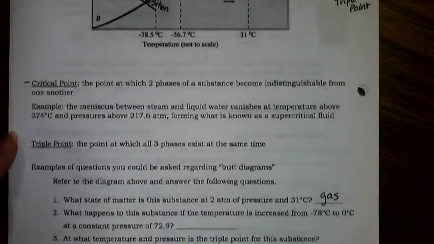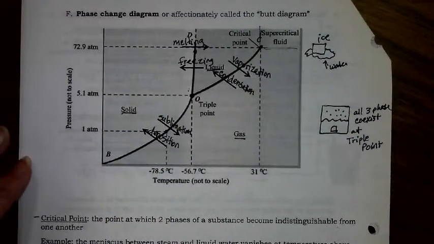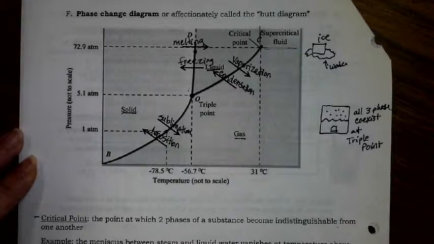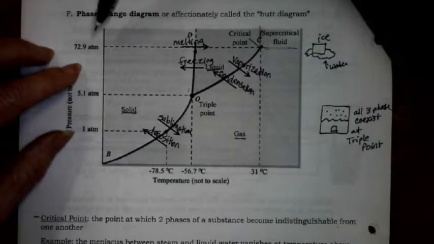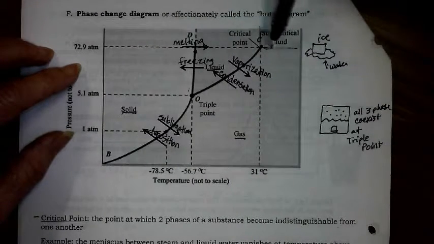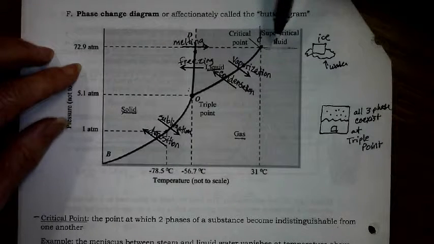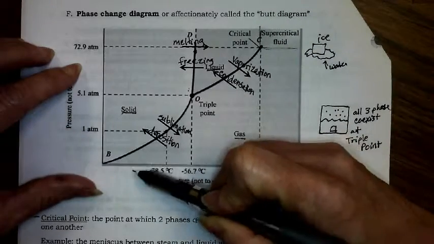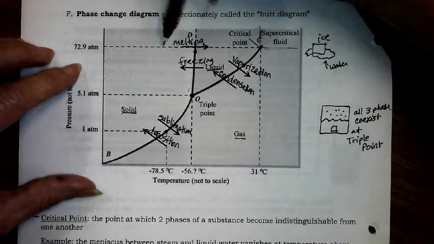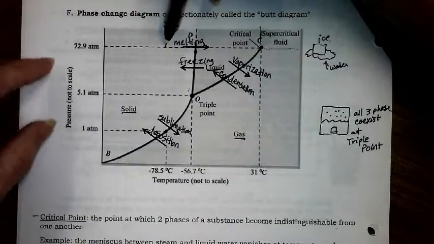So let's go back up to our phase diagram, and let's first look at 72.9 atmospheres. You can see here that pressure already has a dotted line listed on the graph. So it says, what if you start at minus 78 degrees? You start at minus 78 degrees, you're starting right here. So you start out clearly in the solid phase.